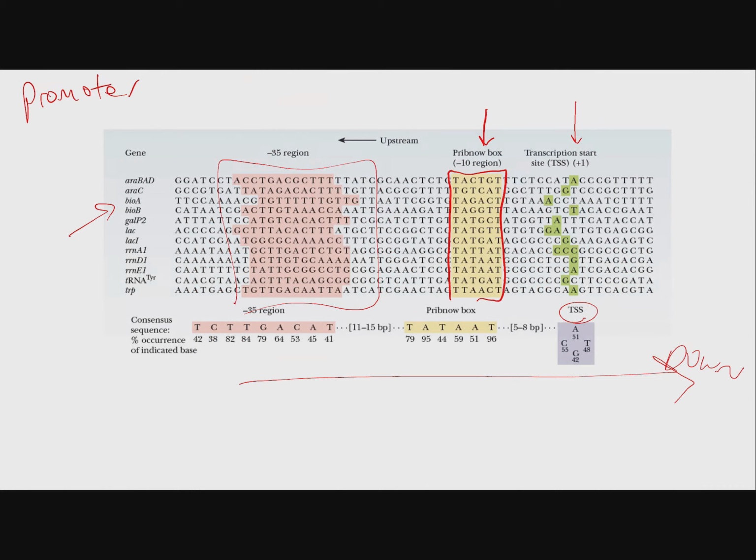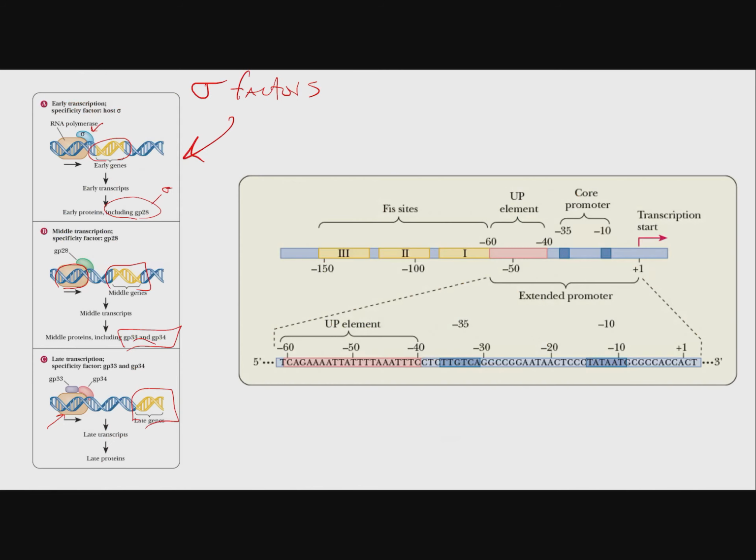A way of increasing production of a certain gene would be to not recode it, but to encode for a sigma factor that will help pick out a gene and help get it transcribed more often.